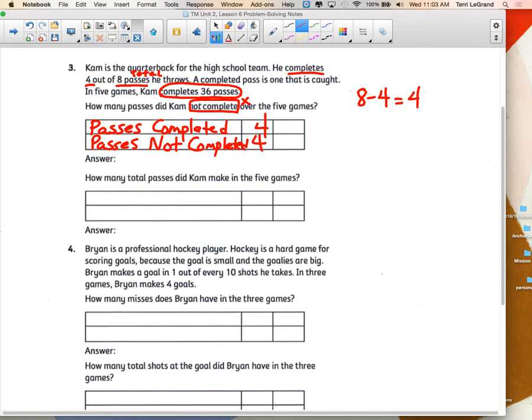So both of those are 4s, aren't they? So for every 4 he made, there were 4 he did not make. Did not complete. Okay, what could the other ratio be then? Completes 36 passes. 36 over X. So there's our ratios that help us write our proportion.